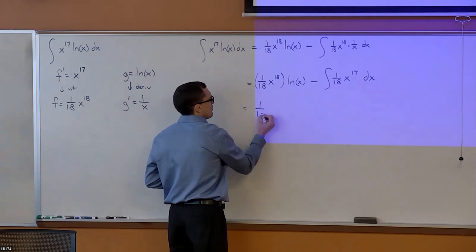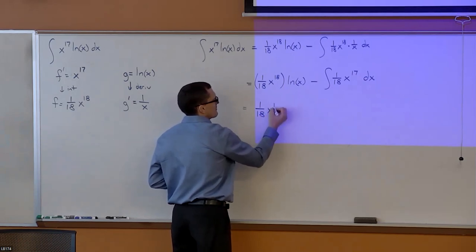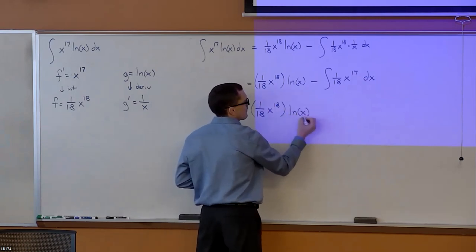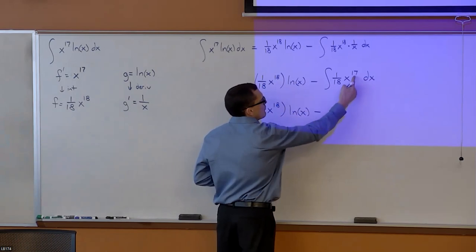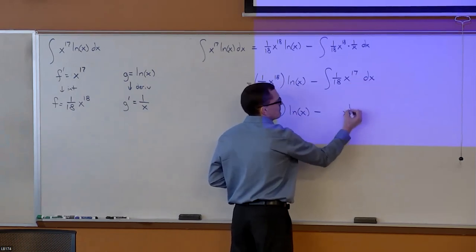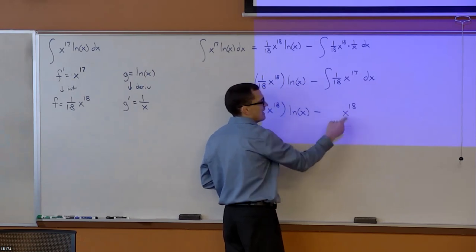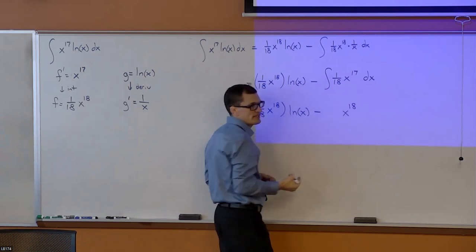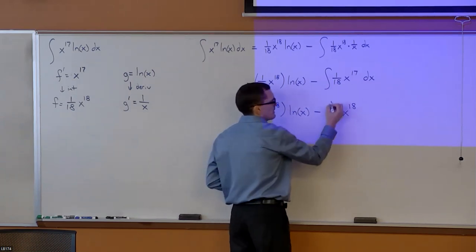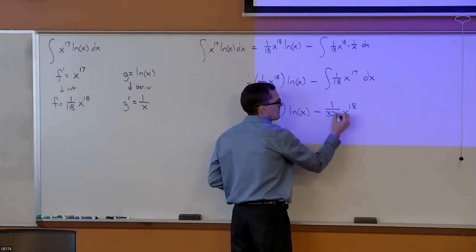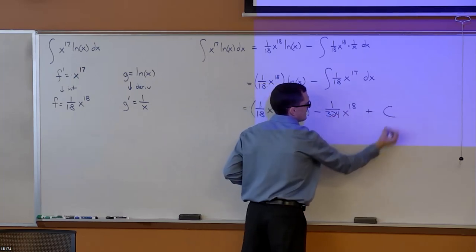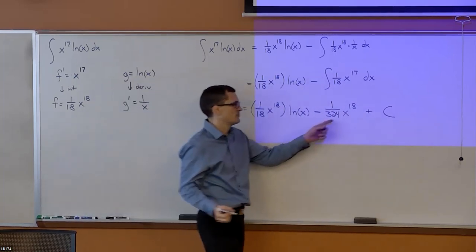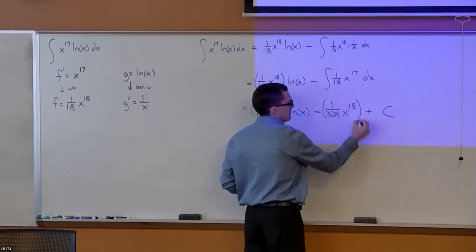And so you get this polynomial 1/18 x to the 18th multiplied times natural log of x minus, when I raise the power by 1, I get x to the 18th, dividing by 18, 1/18 divided by another 18 gives you 324 in the denominator, 1/324, and then plus c. Since I have a single term, I don't have to add parentheses, but if you want to add parentheses, you can.